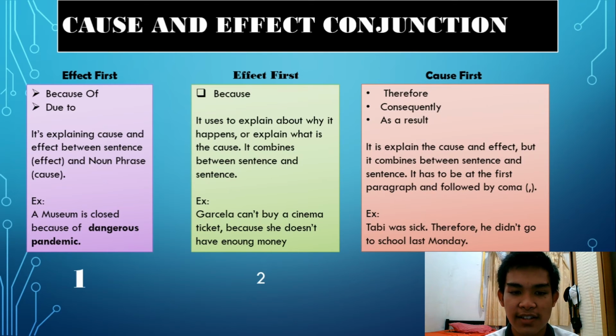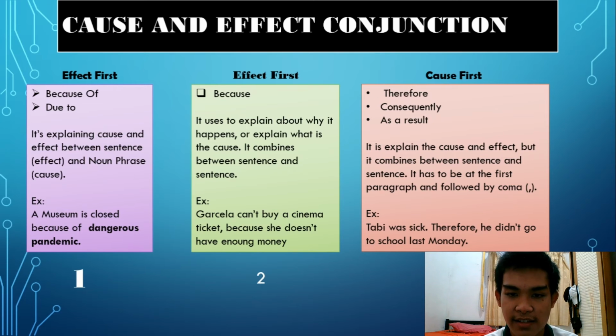So the sentence is the effect and the noun phrase is the cause, and the effect always comes first. Okay, I'll give you the example. A museum is closed because of dangerous pandemic. The dangerous pandemic is the noun phrase and a museum is closed is the sentence. So we have to put the effect first if you want to use because of and due to.